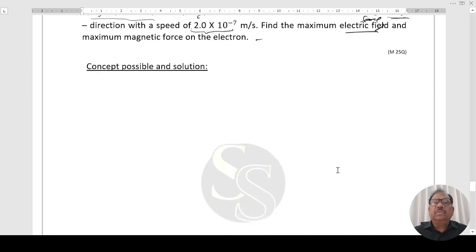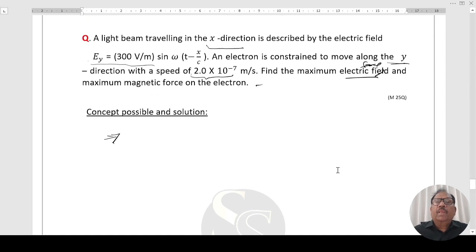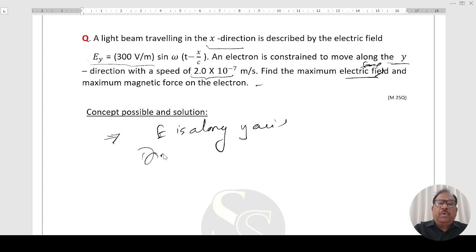Now, see. In this case, electric field is along y-axis. Direction of propagation is along x-axis.